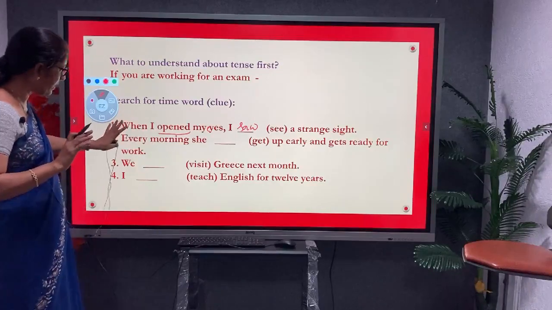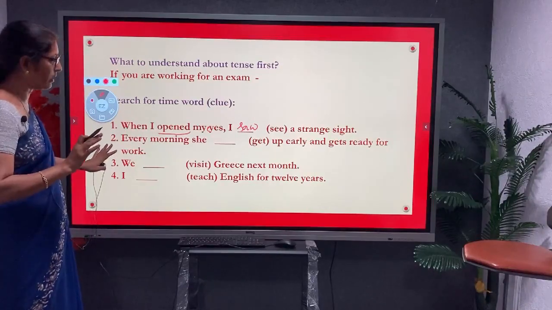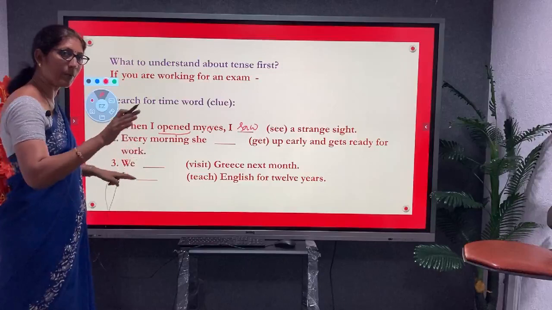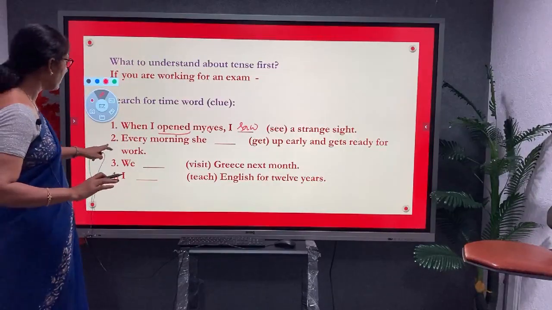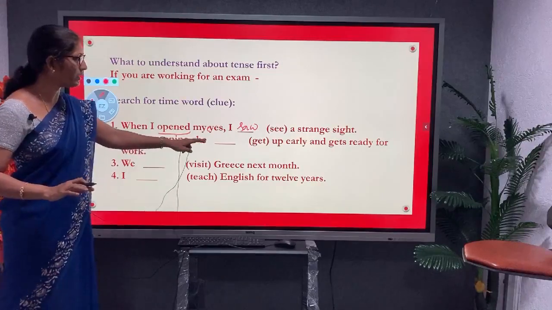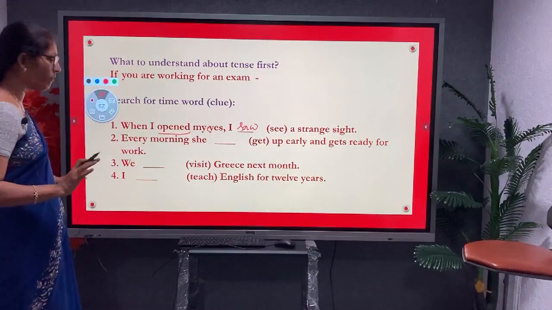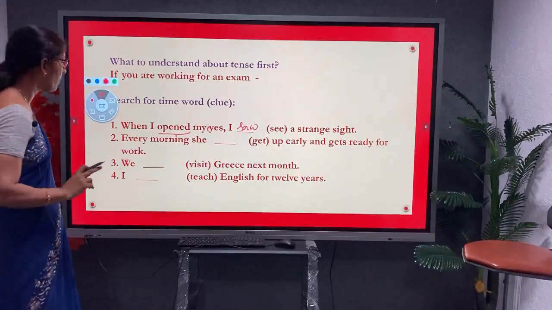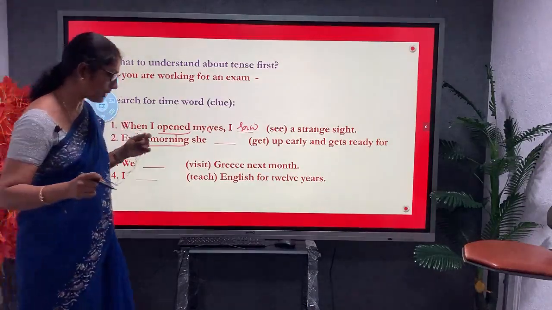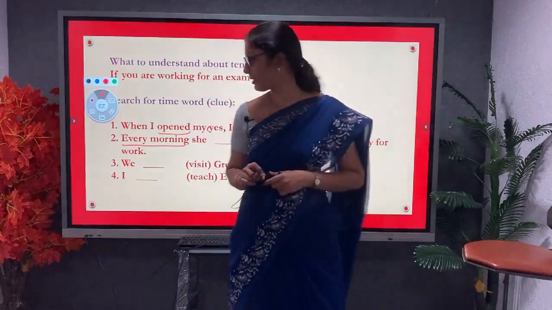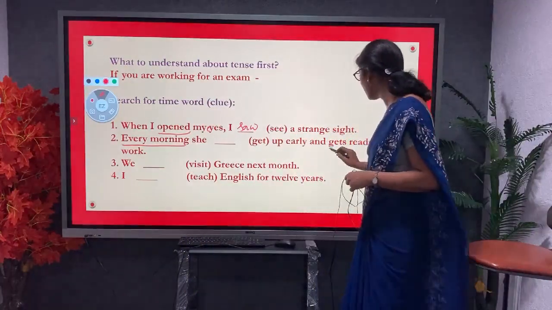In every sentence a clue will be given. It may be a verb or it may be a time word, that means an adverb of time. Let us see the second one. Every morning she dash up early and gets ready for work. Here there are two clues. Every morning indicates a habitual action, and the second is the verb gets ready.